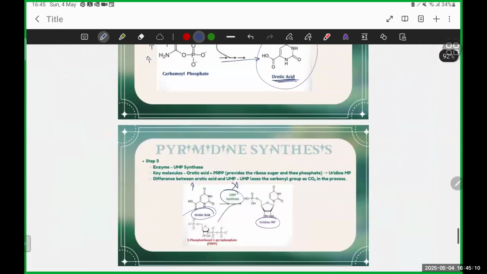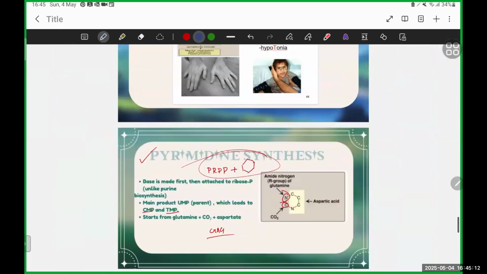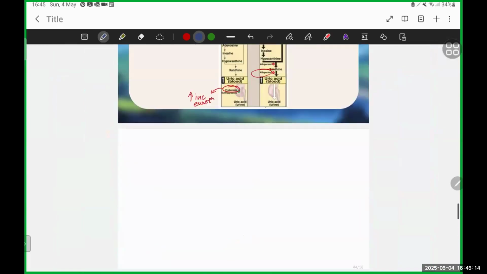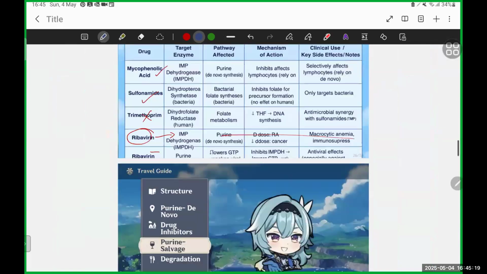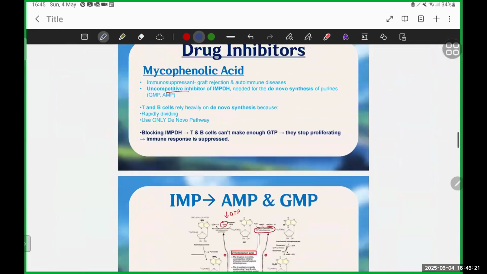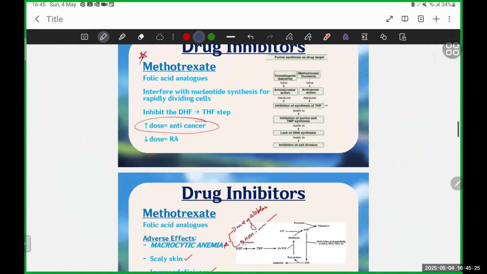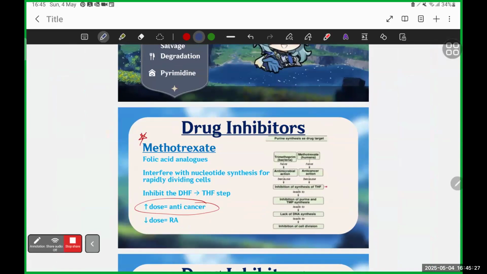Wait, let's go over this one more. Let me show you the differences between both of them. Okay, wait.